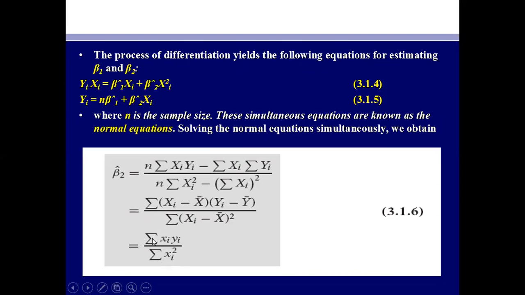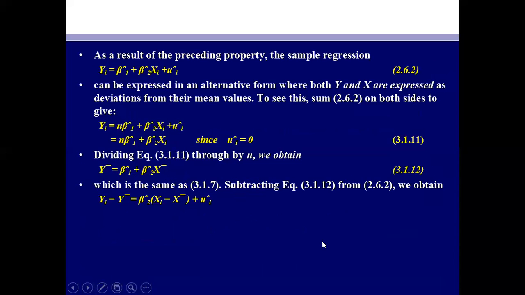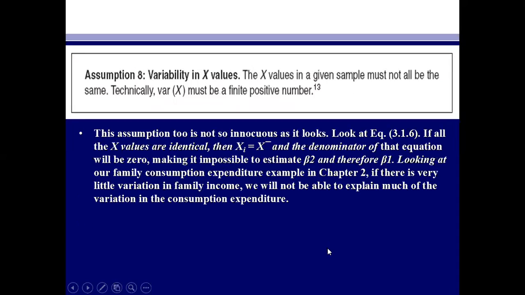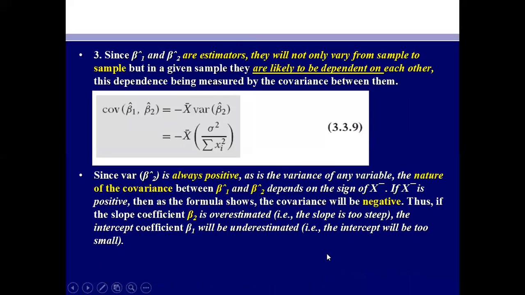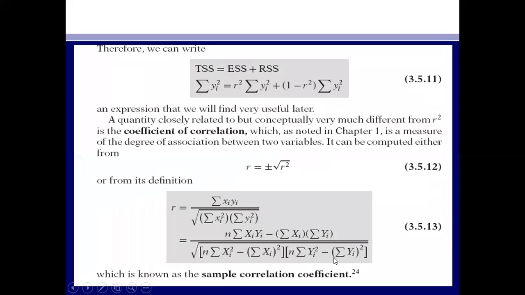Using this formula for beta 2 hat and this formula for beta 1 hat, the numeric example I am trying to show you quickly tells you how this whole thing is computed.